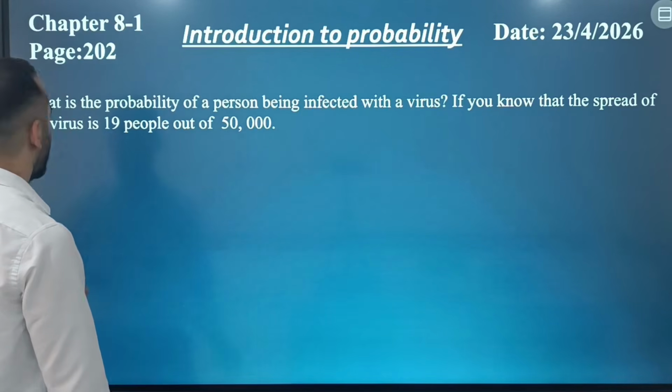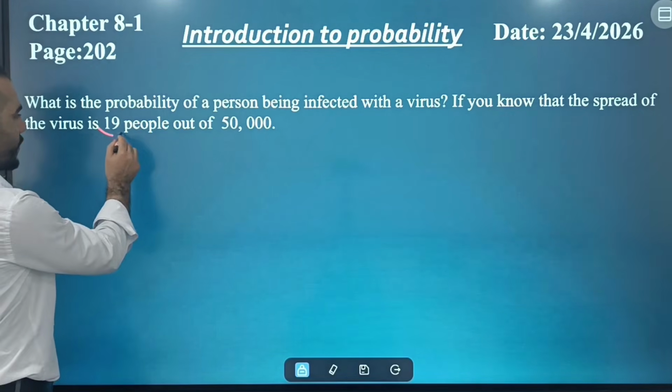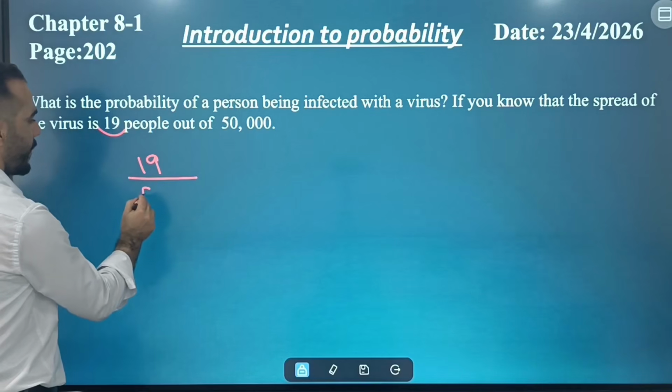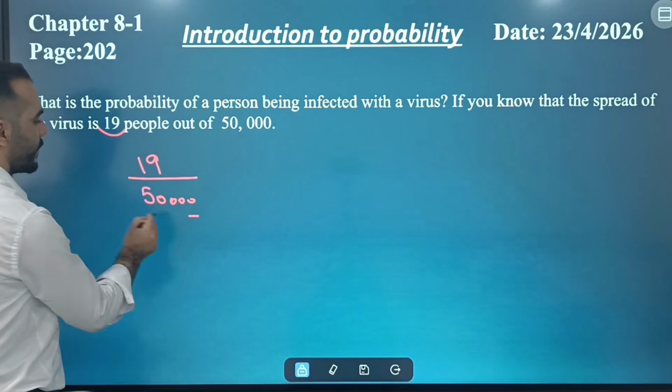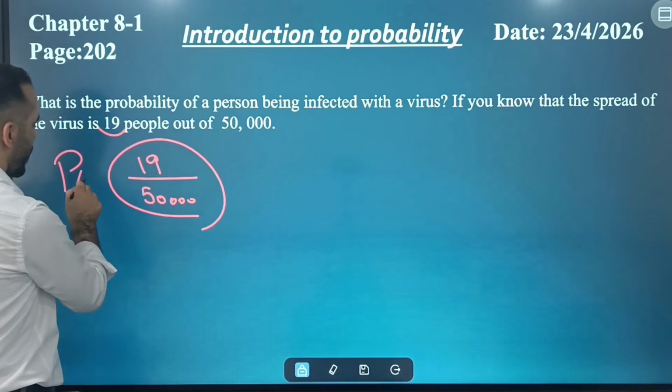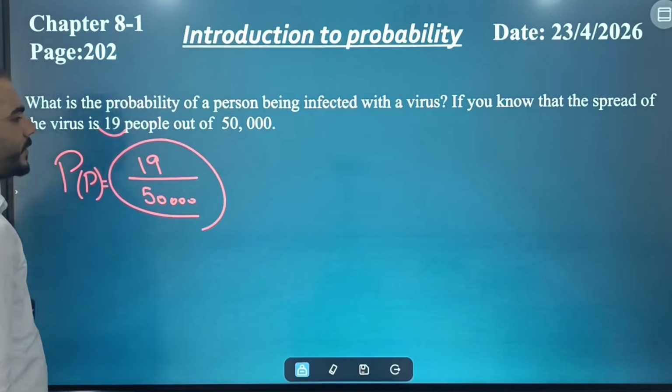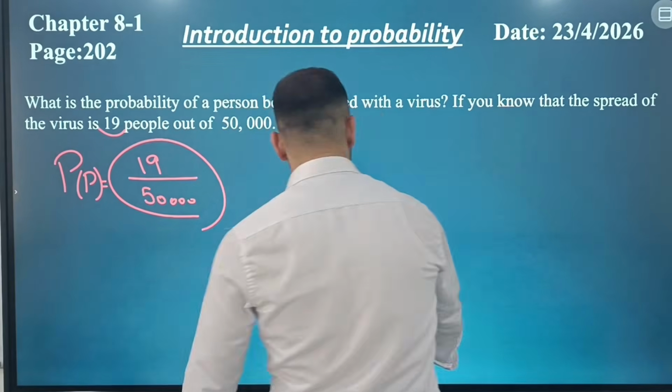So how many people are infected? 19. So 19 over 50,000. That is the probability of a person being affected with this virus, according to the information given in the question.